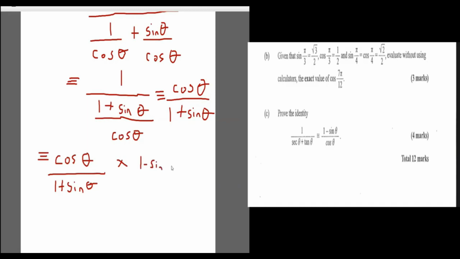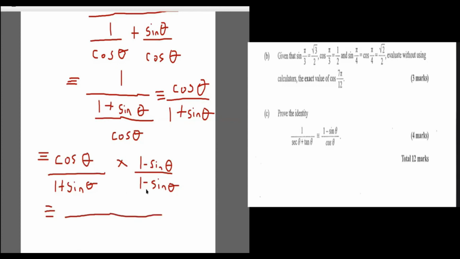When we multiply by the conjugate, 1 minus sine theta over 1 minus sine theta, look at the magic that happens. In the numerator will become cos theta times 1 minus sine theta. That's good. But then in the denominator, we have the difference of 2 squares.